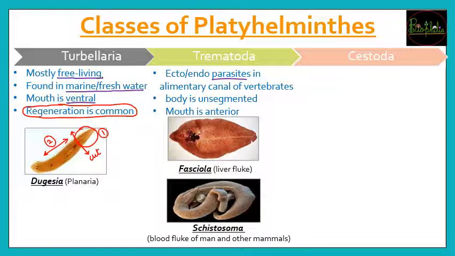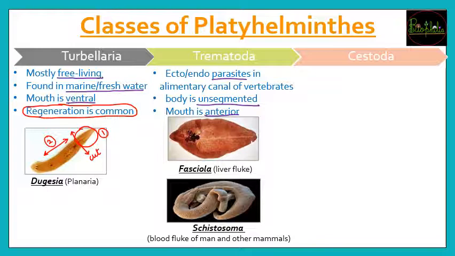The body of Trematoda worms are going to be unsegmented, उनके पास segments नहीं होंगे, and the mouth is going to be anteriorly placed. So Turbellaria में कहा था ventral position पे था, whereas in Trematoda the mouth is going to be anteriorly placed.